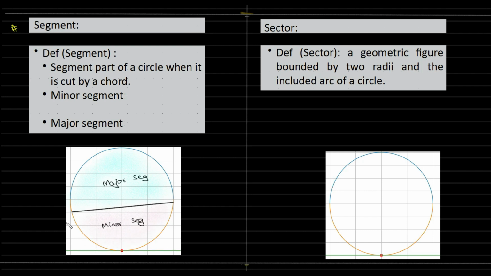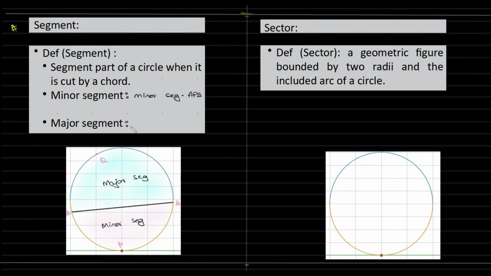Okay, so let's learn to name them. Say this is AB, and say this is P, and say this is Q. So how do you represent it? Minor segment, you represent it by writing minor segment APB. You just write it as a whole.